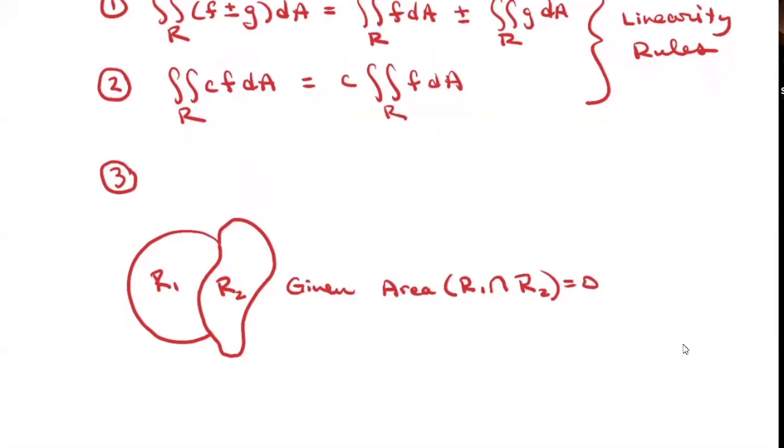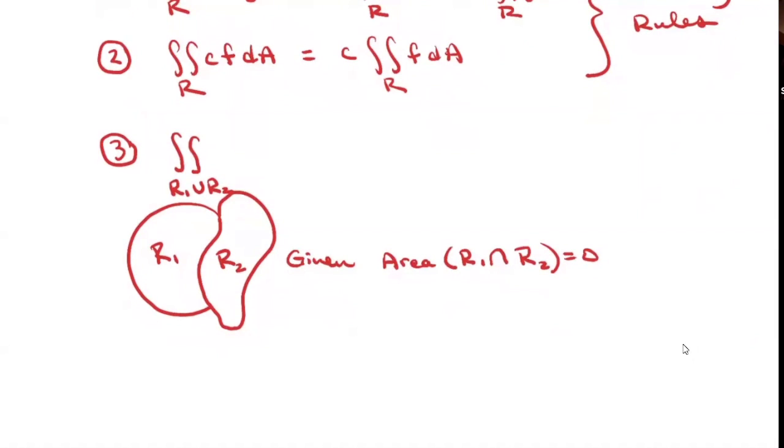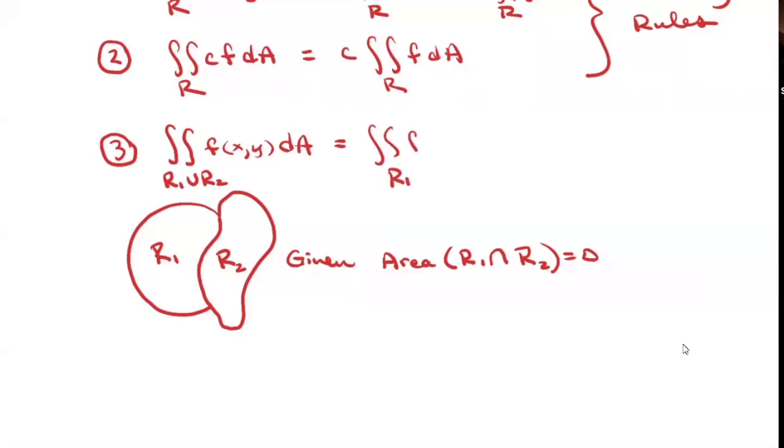So the double integral over R1 union R2 of f of xy dA is equal to the double integral over R1 of f of xy dA plus the double integral over R2 of f of xy dA.